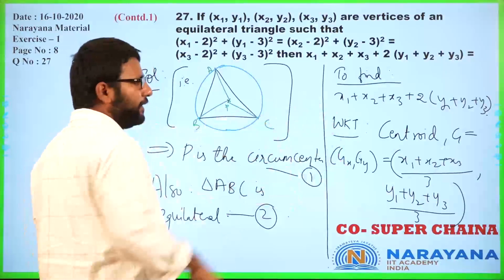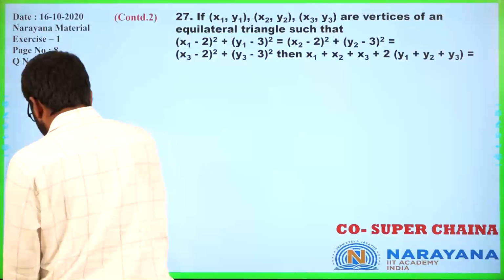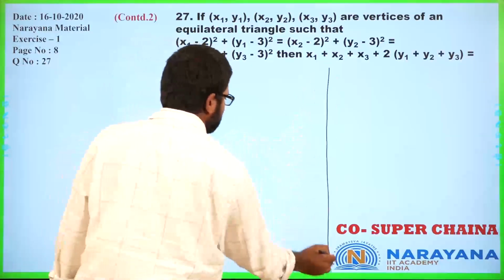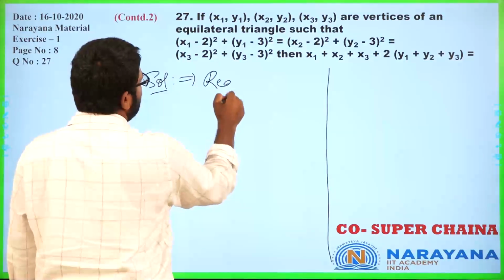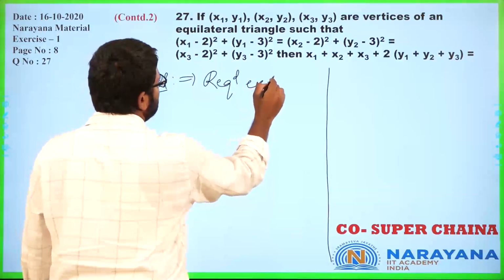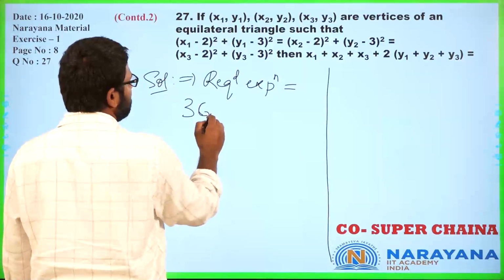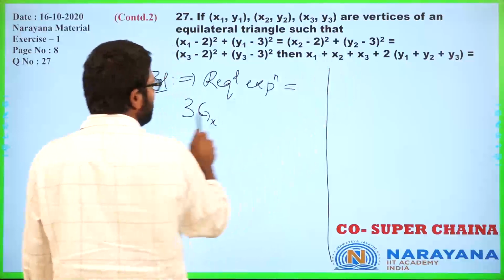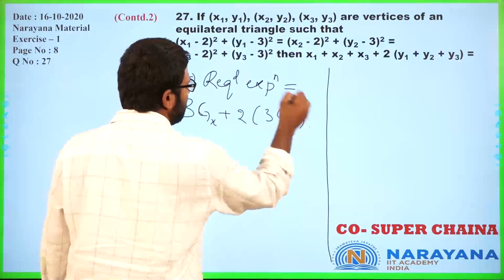You have studied this earlier, which means the required expression is basically 3Gx, since x1 plus x2 plus x3 is 3Gx, plus 2 into 3Gy.